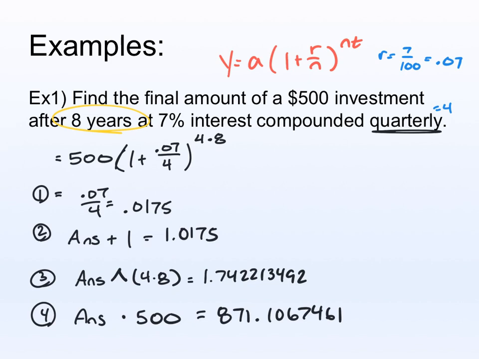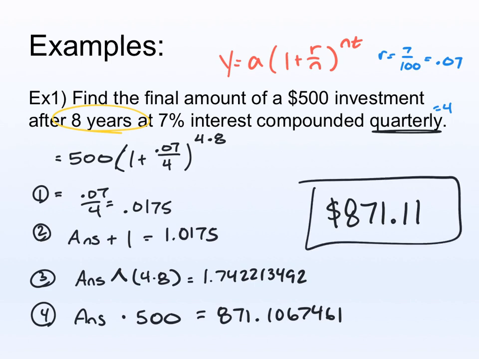Now, the thing here is I know that I need to just round to 2 decimal places. So it would really be 871.11. So if I put in $500, after 8 years at a 7% interest compounded quarterly, that $500 would be $871.11. Okay? And that's just the money sitting there doing nothing.